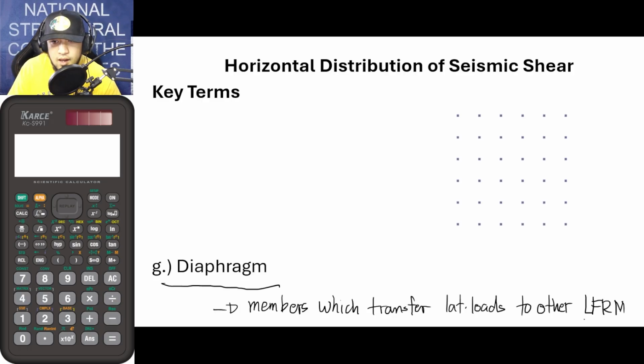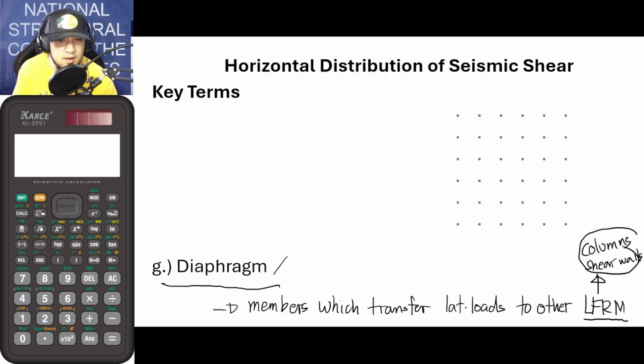Okay, so again, LFRM stands for lateral force resisting members. In some cases, lateral force resisting elements, and in some cases, lateral force resisting members. Okay, so again, this consists of columns, shear walls, etc., etc.